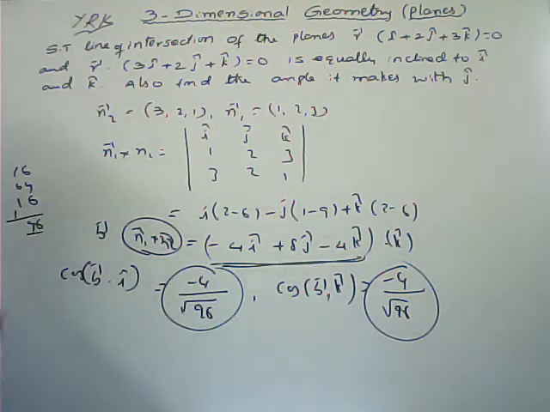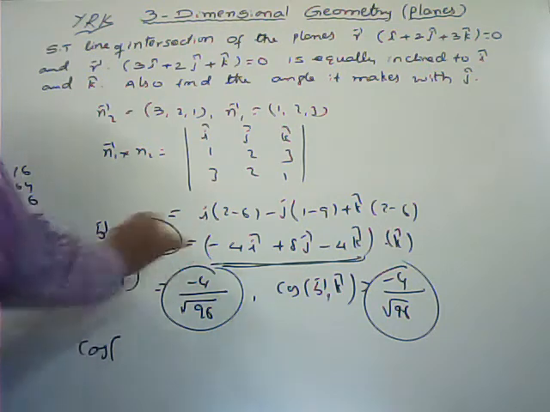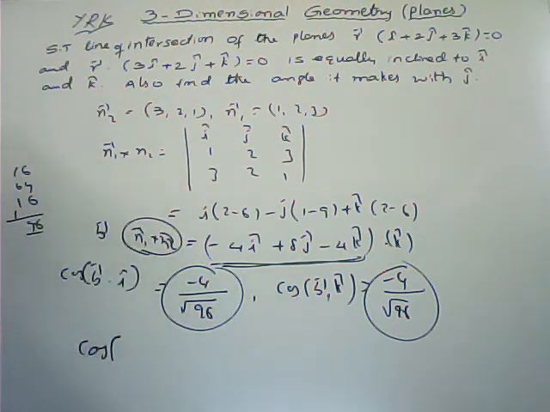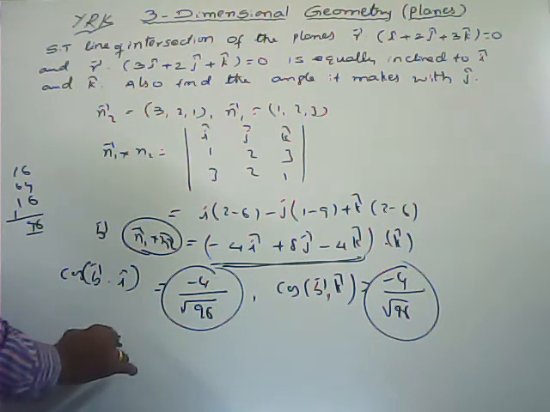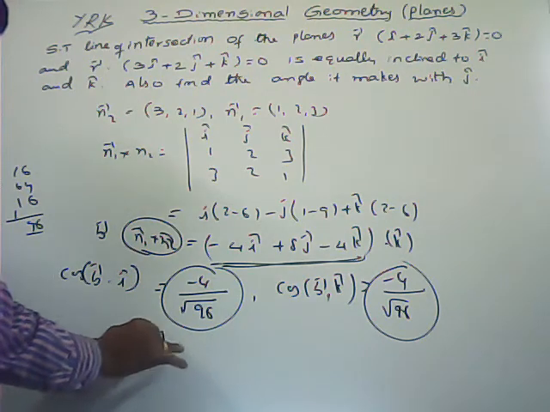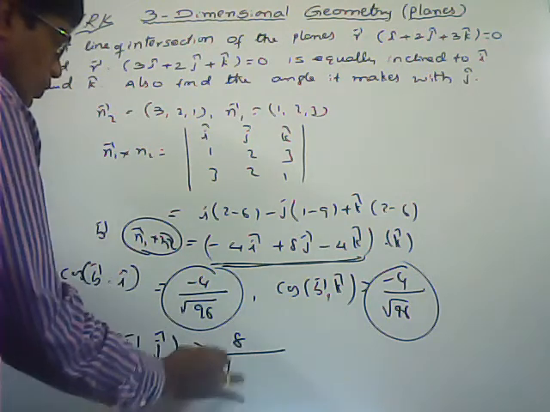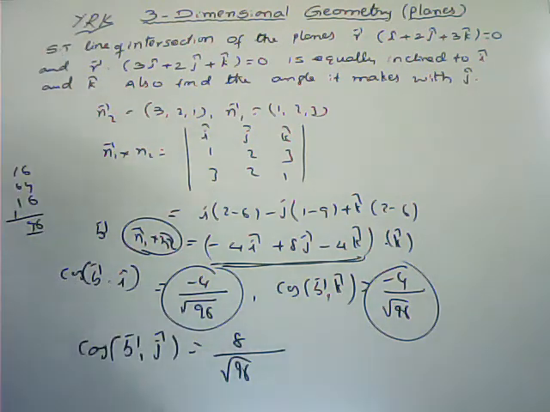At the same time, what they are asking is the angle made by the vector n1 bar cross n2 bar with j cap, that is b bar comma j cap. What is the dot product of this? 8 by root 96 into the modulus of j cap, that is 1 only.